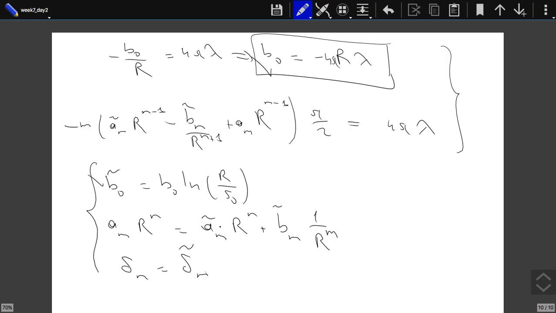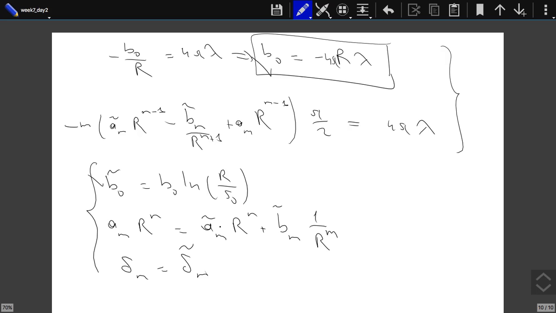And furthermore, okay, so we know B0 and B0 tilde. Then we need to determine AM tilde, BM tilde, and AM. So we have 3 sets of unknowns, but we only have 2 equations. So that's one problematic region we have over here.